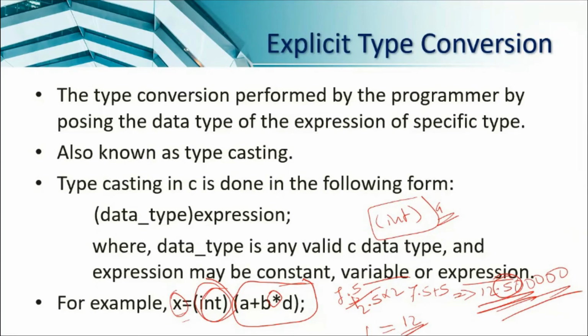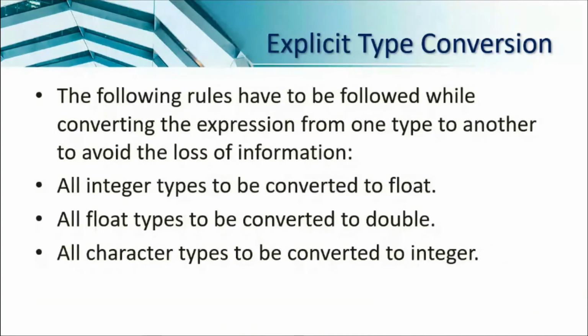So that is explicit type conversion. In explicit type conversion, we put the data type within brackets in front of the expression. During explicit type conversion, the following rules have to be followed while converting the expression from one type to another to avoid loss of information.